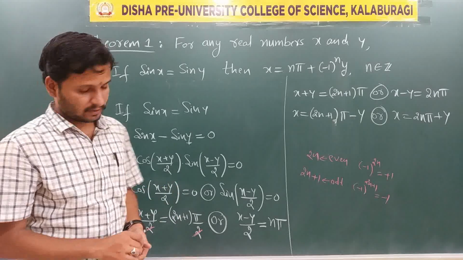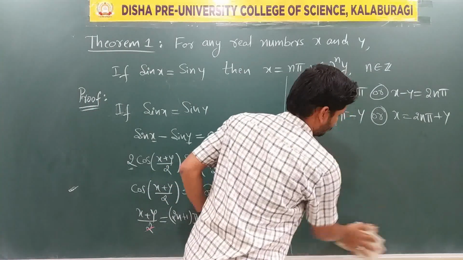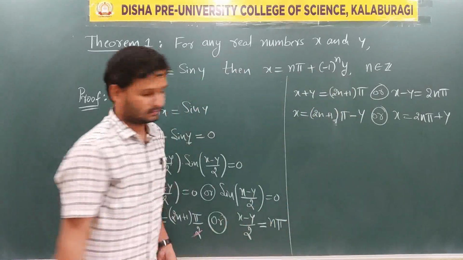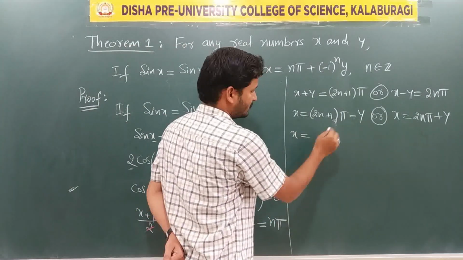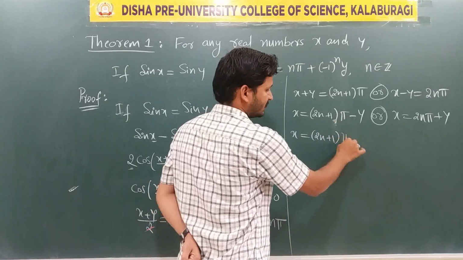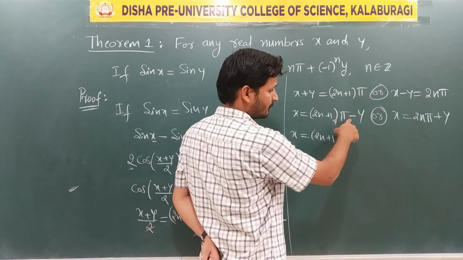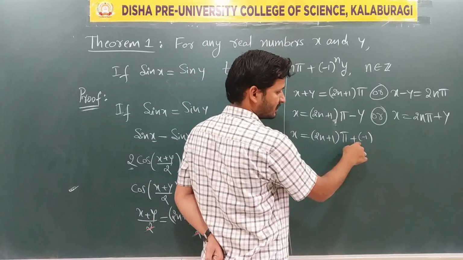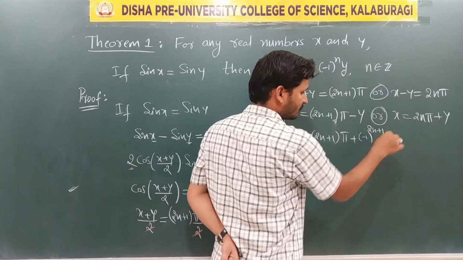So here x equals (2n plus 1) pi as it is, plus of minus 1 to the power odd number.